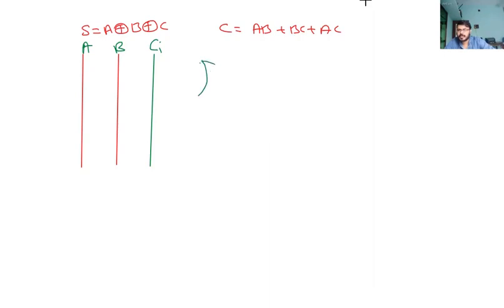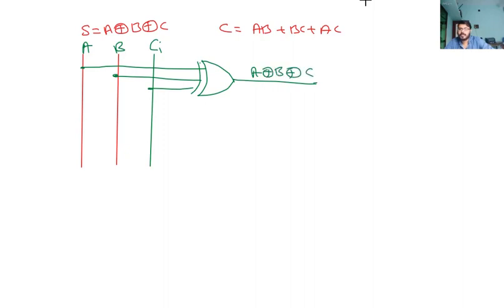So I am making a three input XOR gate. So this is a three input XOR gate, and one of the inputs to this is A, another input is B, and another input is C. Then the output here will be equal to A XOR B XOR C, and that will be your sum output.